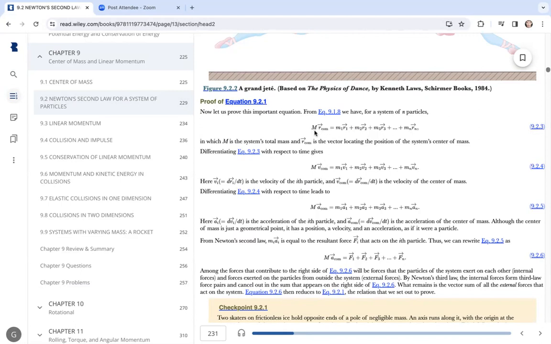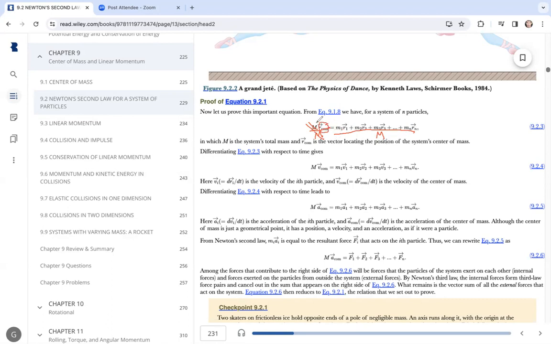We could always divide both sides by m like that. And then what we have here is the center of mass.